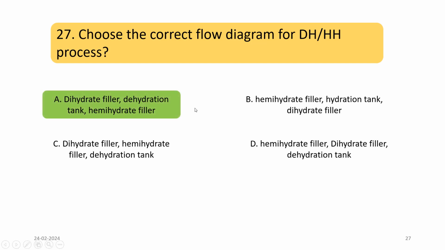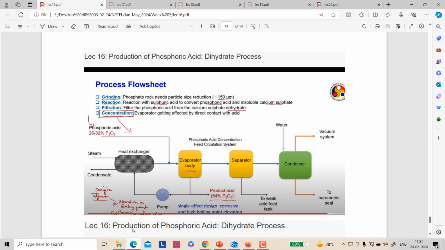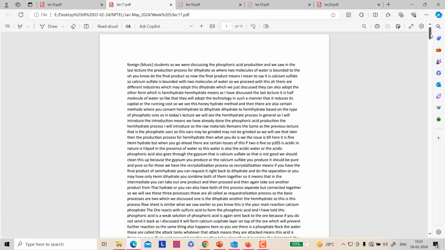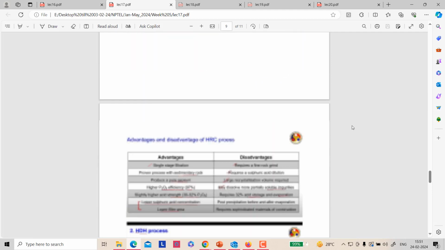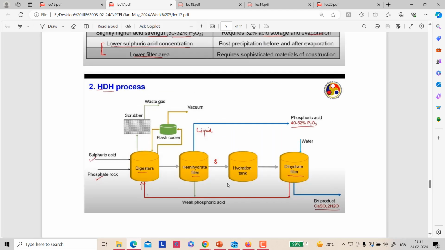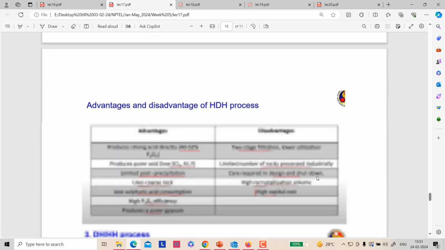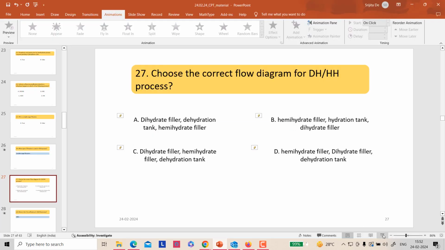It is the option A. Dihydrate filter, then comes the dehydration tank, then comes the hemihydrate filter. Here in the HDH process you can see first comes the hemihydrate filter, then hydration tank, then the dihydrate filter. But in case of DHHH process, it is dihydrate filter, dehydration tank and the hemihydrate filter. So here the option A is correct.